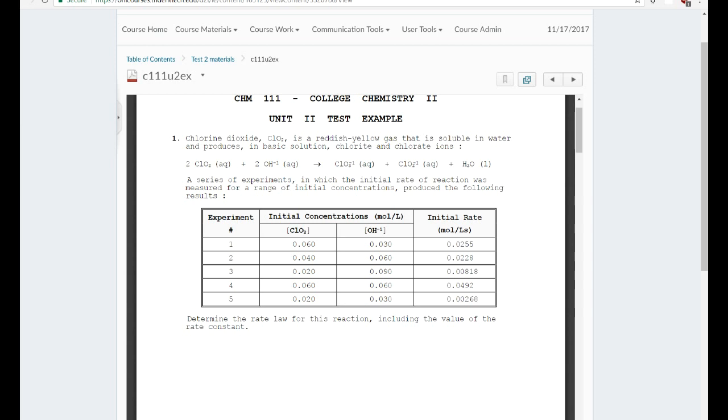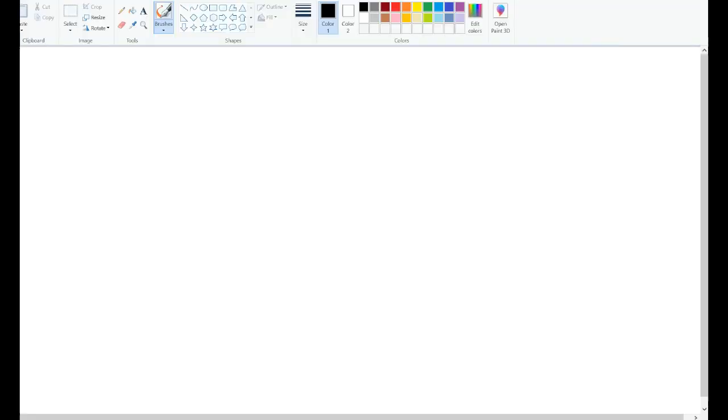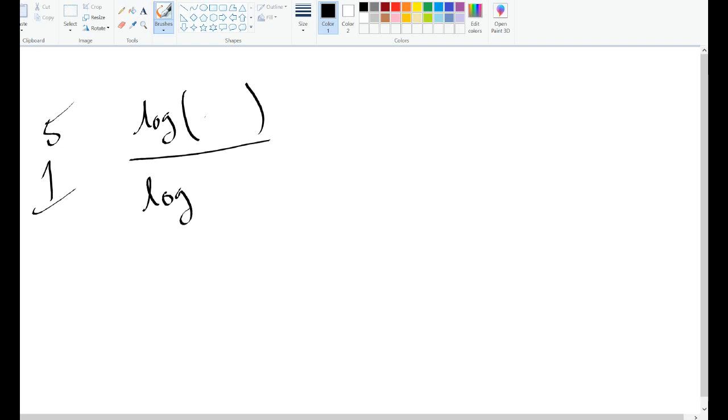So let's go ahead and hop on over and do some math. Experiment 5 and experiment 1. So it's going to be log over log, and each of our logs will be a ratio.